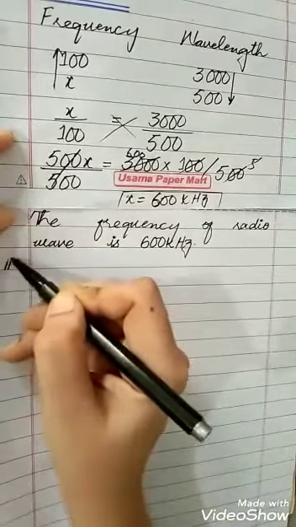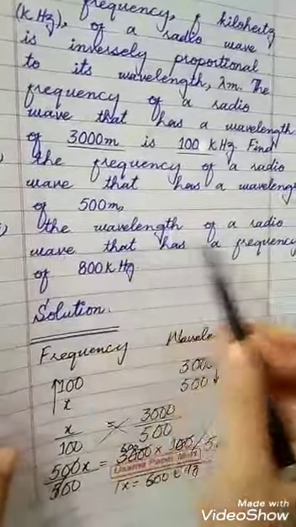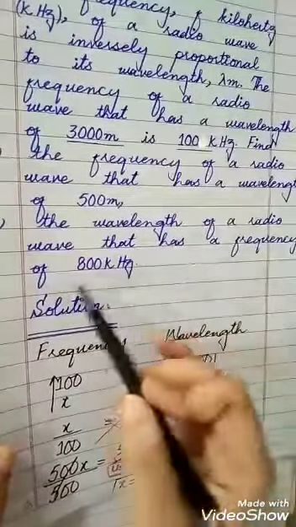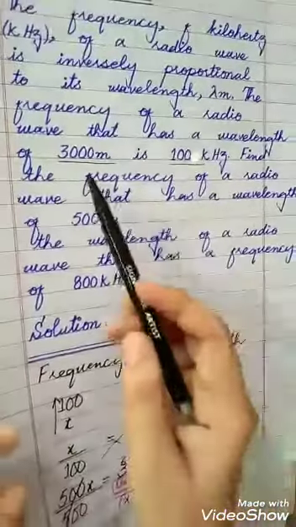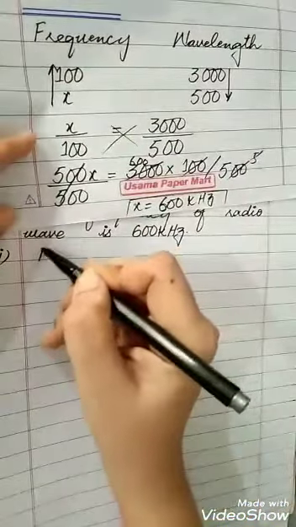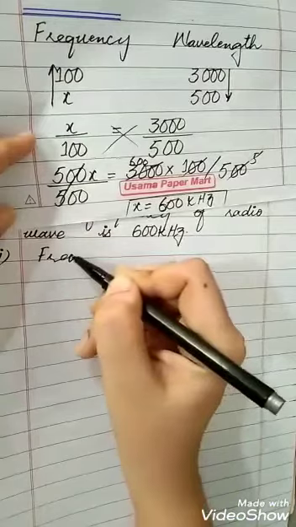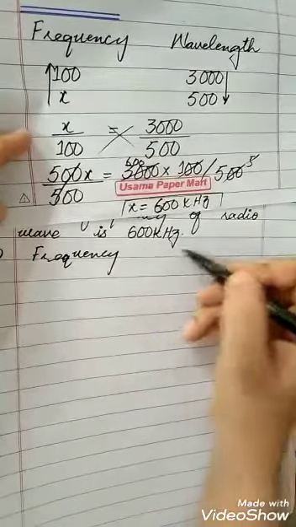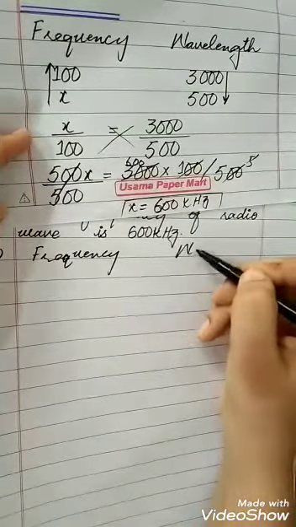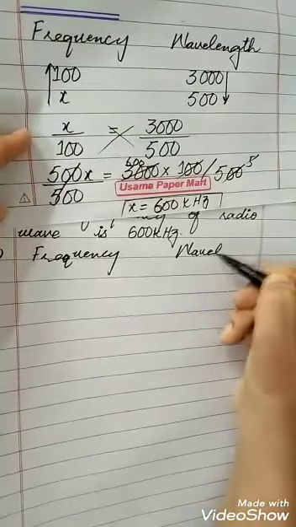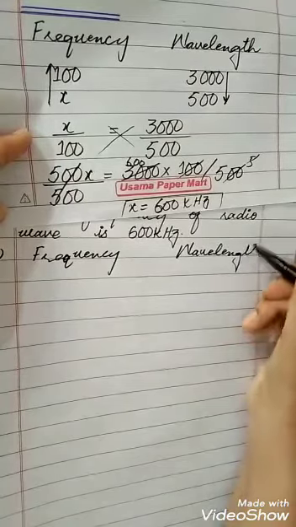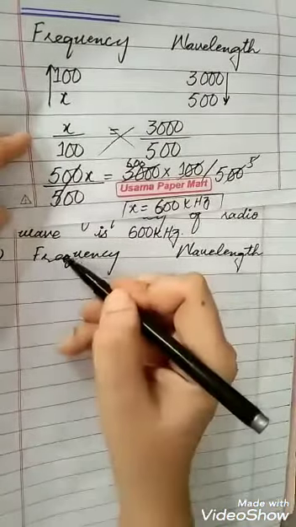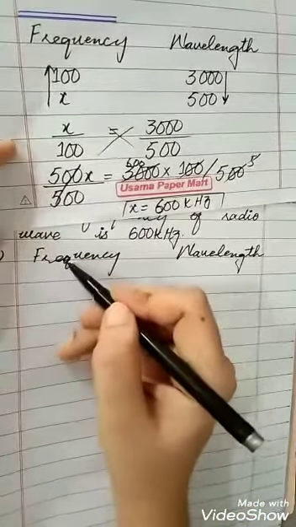Now move towards part 2. What does part 2 say? Part 2 says the wavelength of a radio wave that has a frequency of 800 kilohertz. So we will use frequency and wavelength the same way. What is the frequency here?